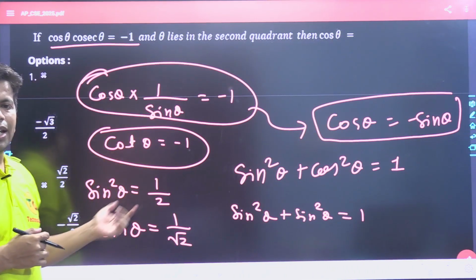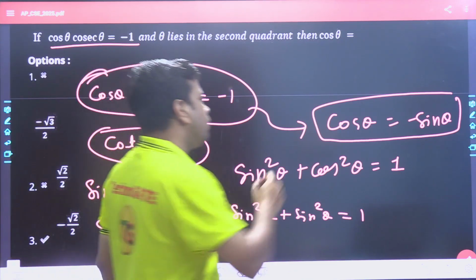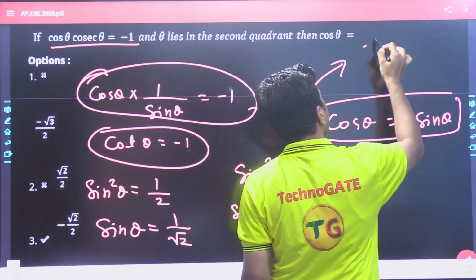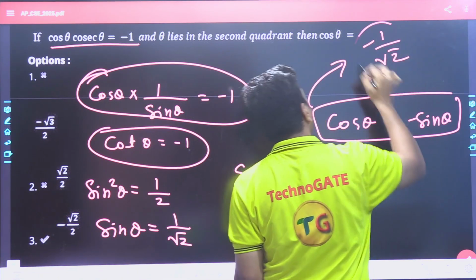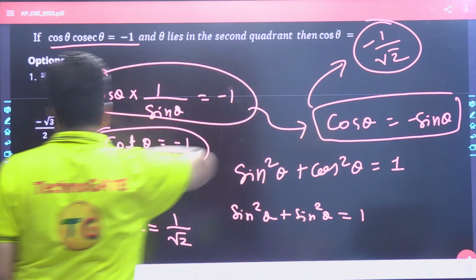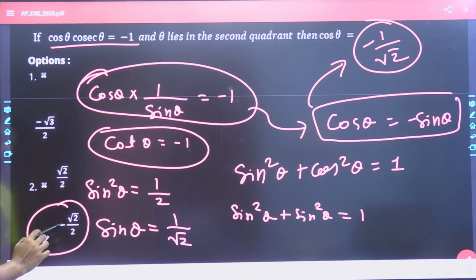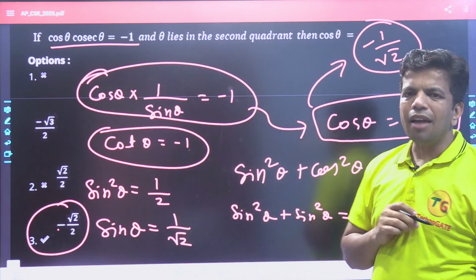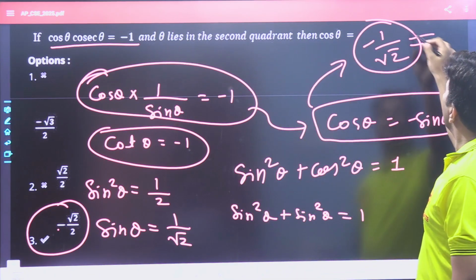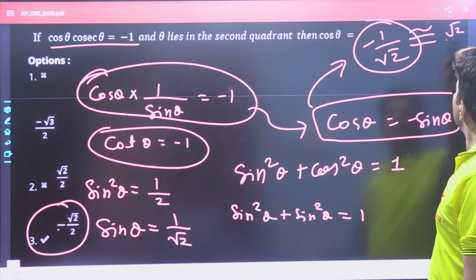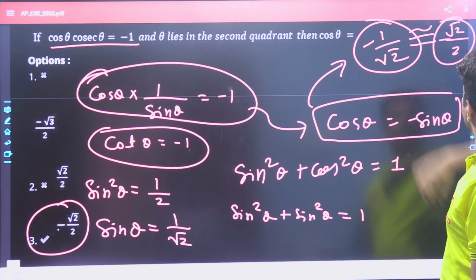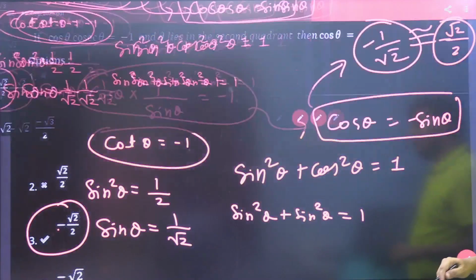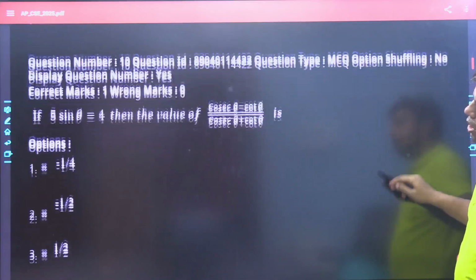The value of cos theta, how much? The option is the third one. So either I am writing minus square root by 2 or minus 1 by square root 2. They are similar. You can go with the third option.